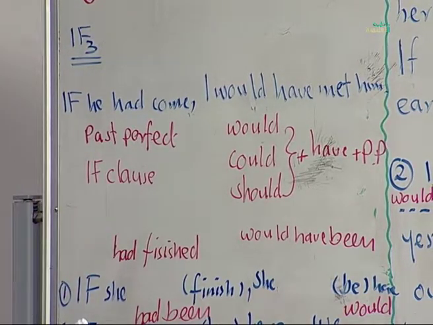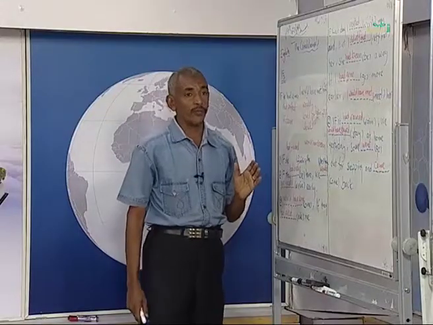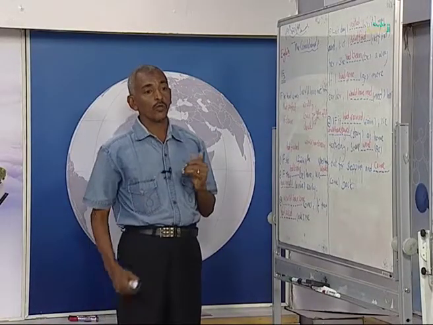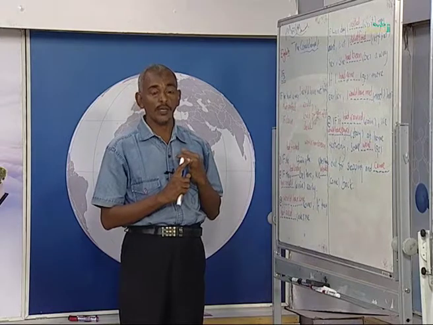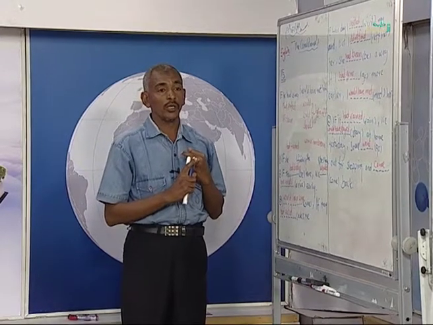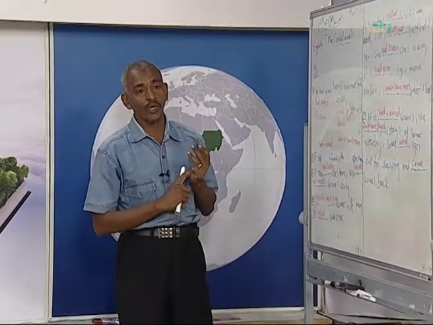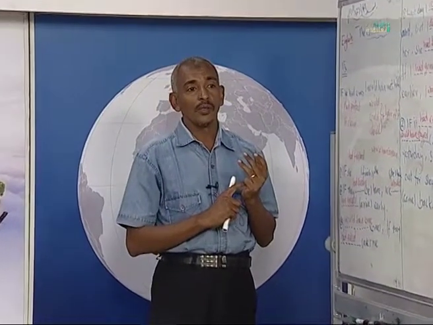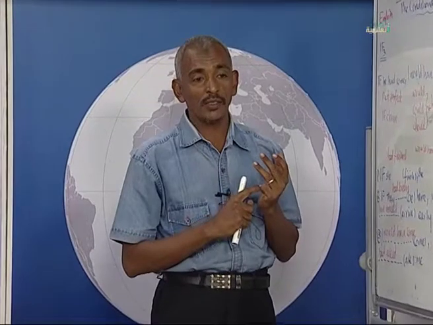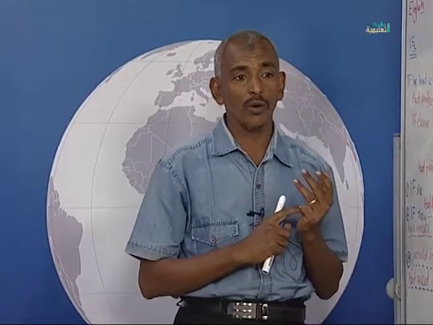To revise what we have from the beginning, first of all, we have an idea about F1 or conditional 1, and we say that conditional 1 or F1 is related to something that is possible to happen.